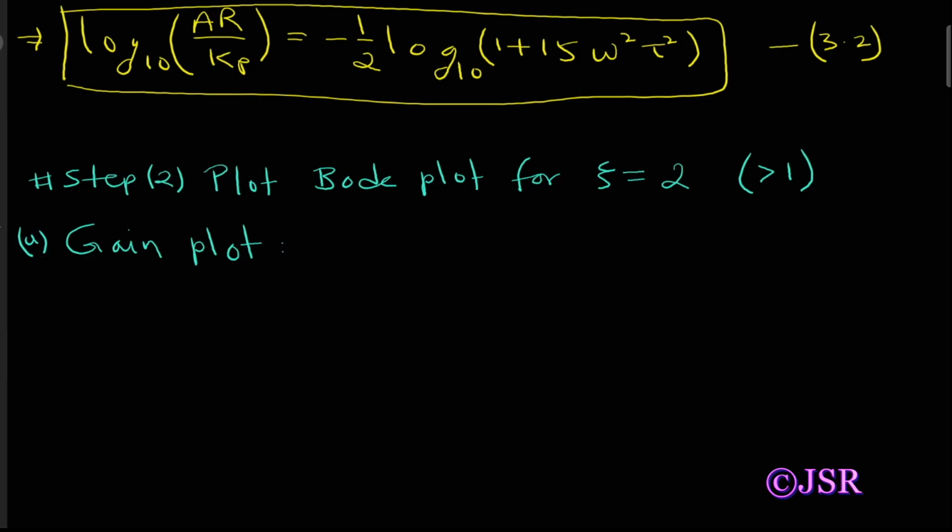Gain plot means AR upon Kp versus omega tau.